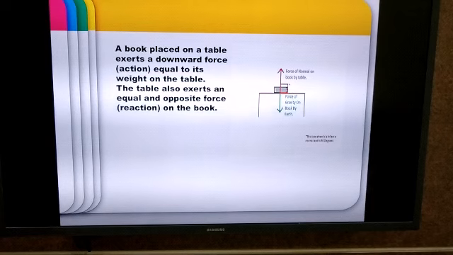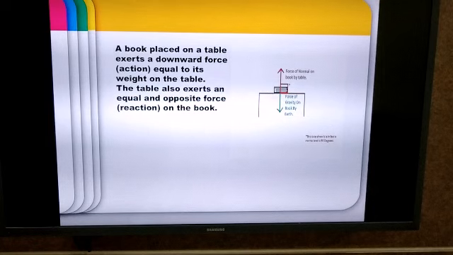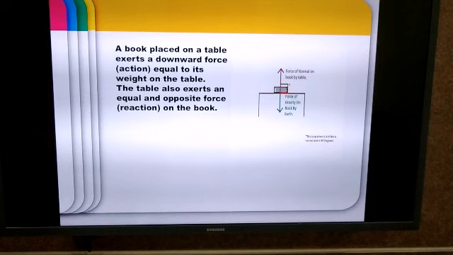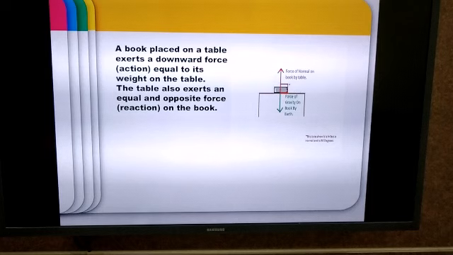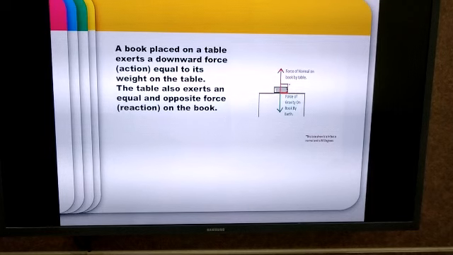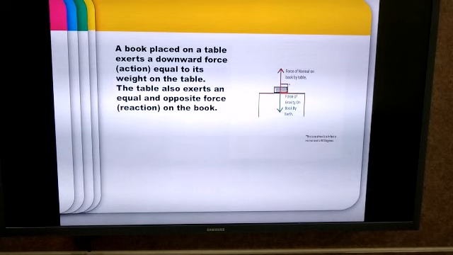So we have two different objects. One is exerting a force of action on the other, and the second one is exerting a force of reaction on the first one. So these two forces never act on the same body, but they act simultaneously on two different bodies. That is, these two forces are always present in pairs.